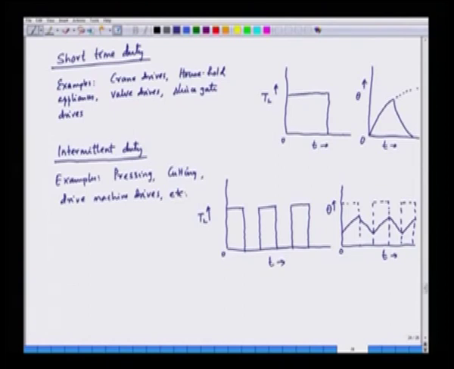So, we have another class of motor in which the motor requires some starting. When a motor is a large drive, it has to start from rest, and when it starts from rest it also consumes a lot of power, because the motor has a large inertia and it has to overcome that inertia and start.